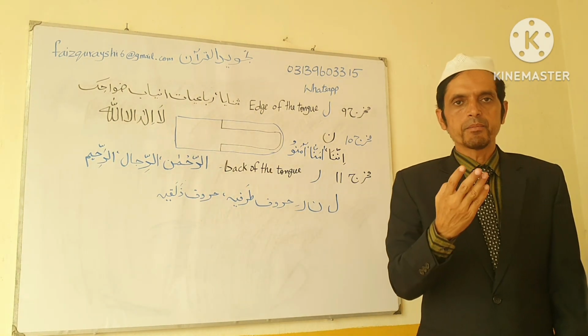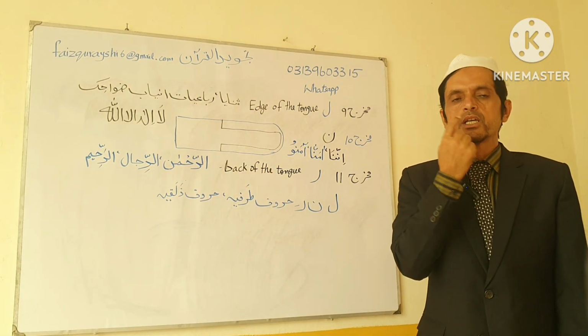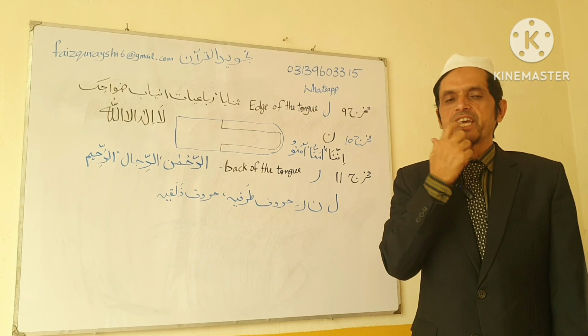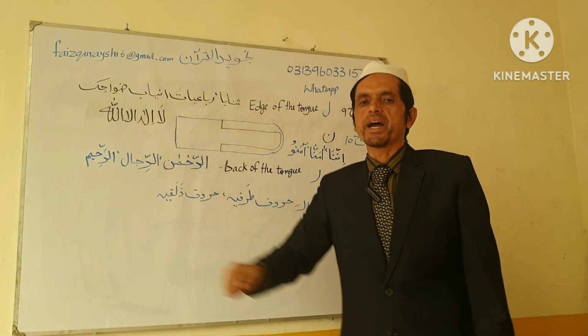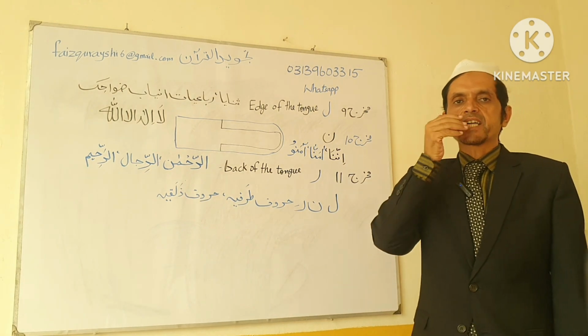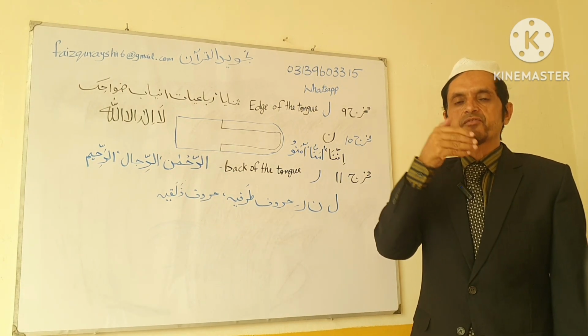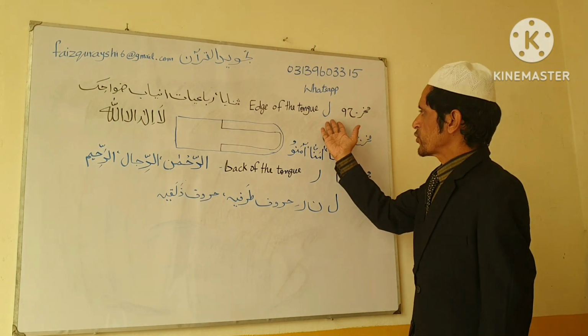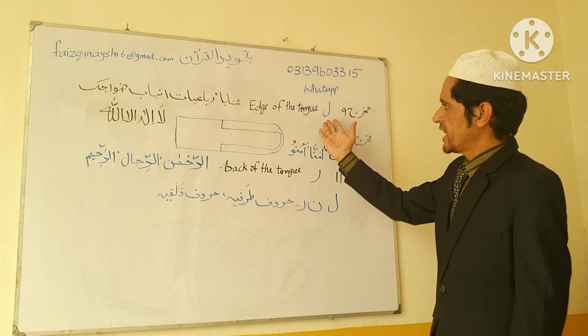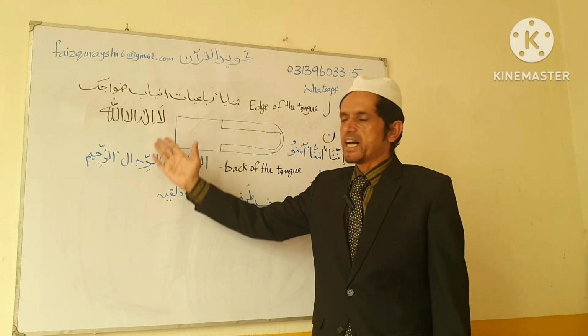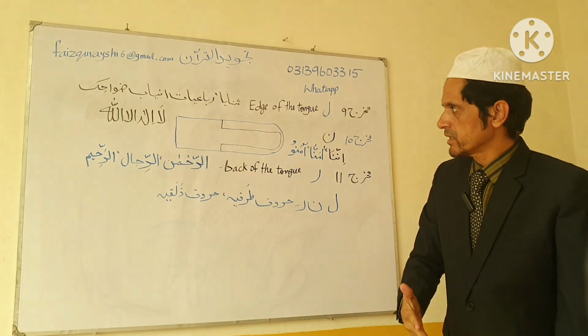You see, Lam, Lam. You practice the edge of the tongue with Thanaya, Rabayat, Anyab, Bawahik. When the edge of the tongue touches these teeth from inside, we pronounce, or articulate, or produce the letter Lam, like La ilaha illallah.